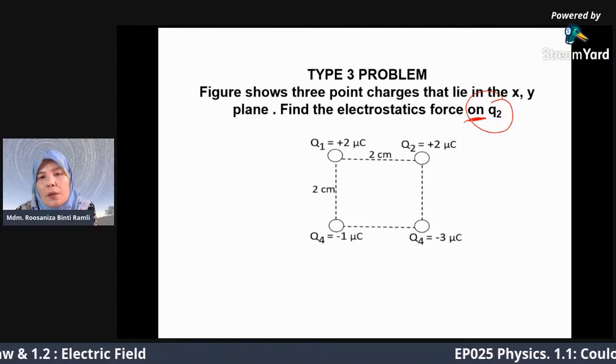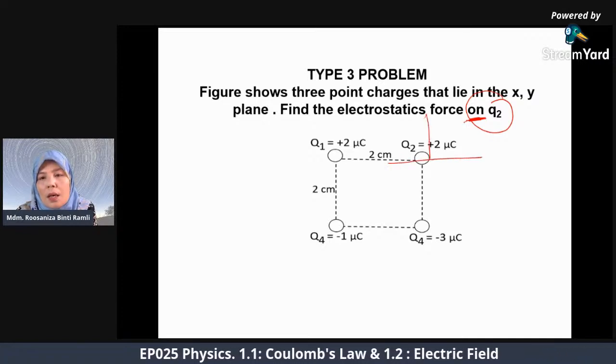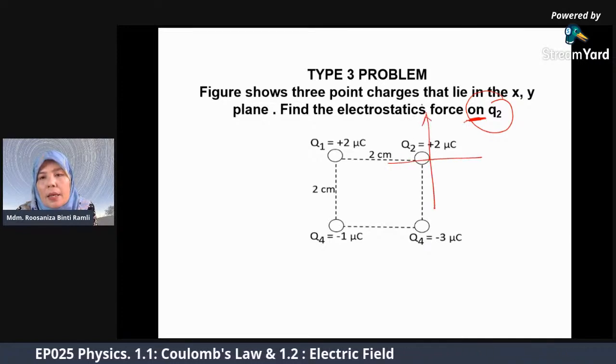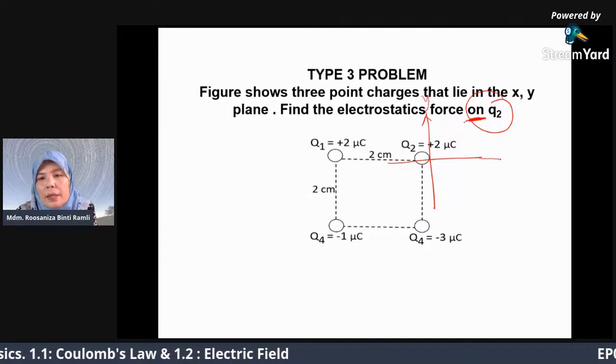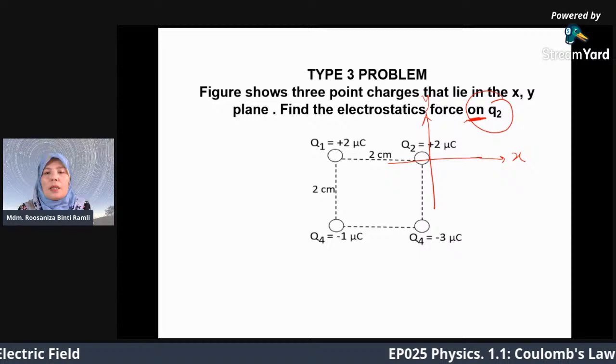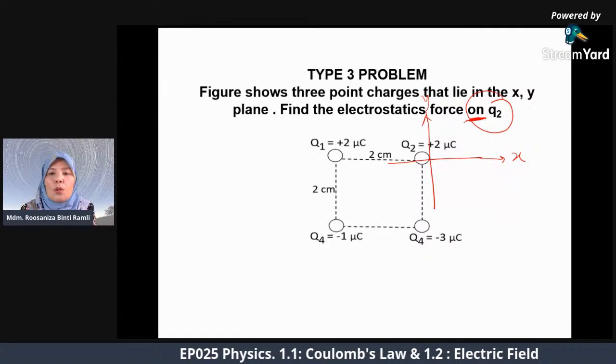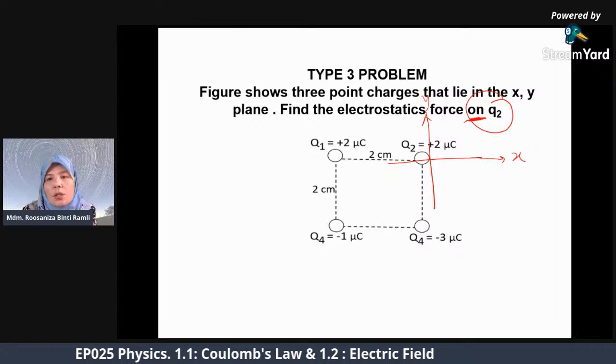So on Q2, for this question, you have to draw the x axis and y axis. Why? Because force is a vector quantity, it has a direction. So we have to draw the direction of the force.